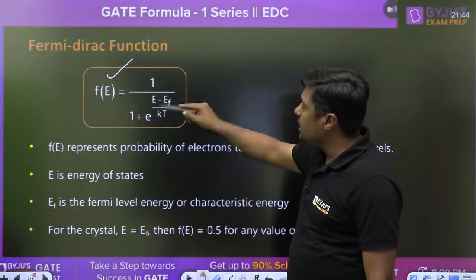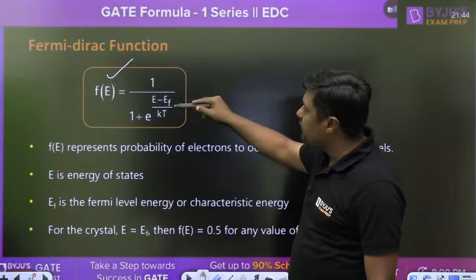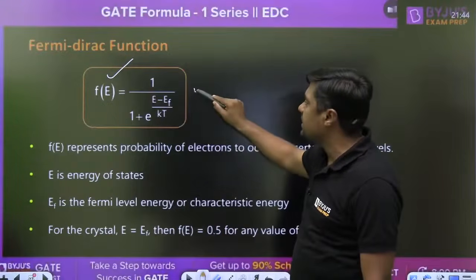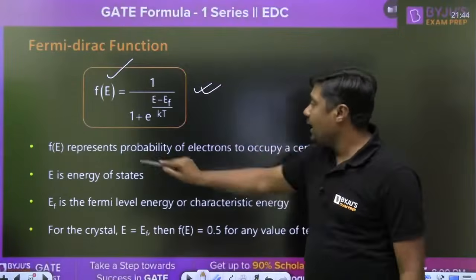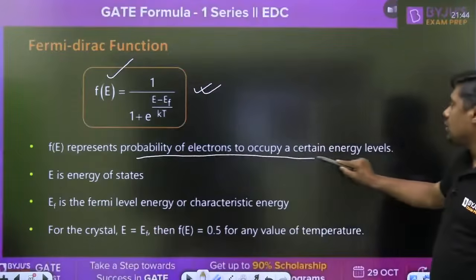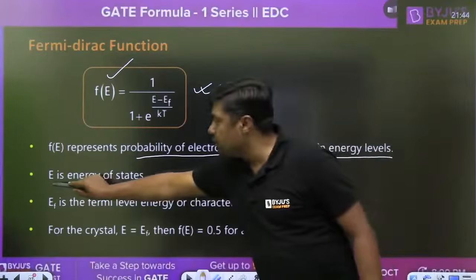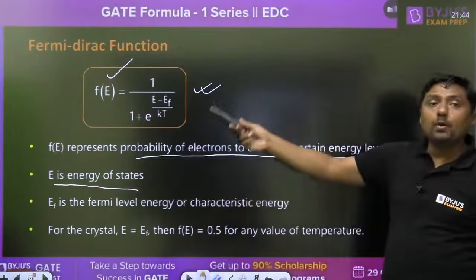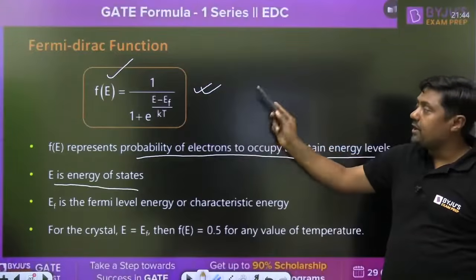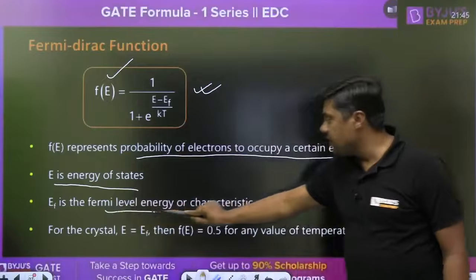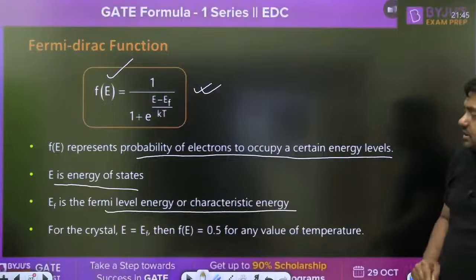Here E is the energy level, EF is the Fermi energy level, k is the Boltzmann constant, T is the temperature. Fe represents the probability of an electron occupying a certain energy level. E is the energy of the state. With the help of this formula, we can find the probability of finding an electron at this particular energy of the state. EF is the Fermi energy level or characteristic energy.